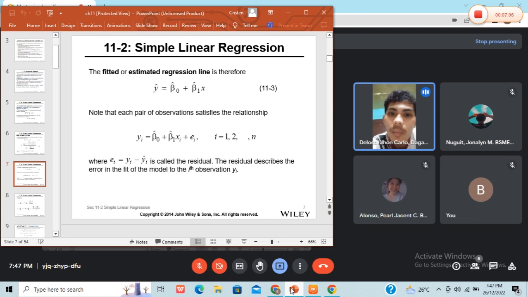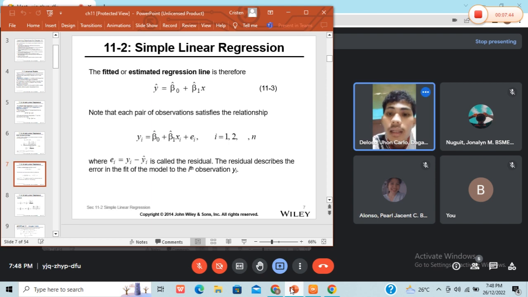Note that each pair of observations satisfies the relationship y sub i equals beta hat sub 0 plus beta hat sub 1 multiplied by x sub i plus e sub i, for i equals 1, 2, and so on, where e sub i equals y sub i minus y hat sub i is called the residual.